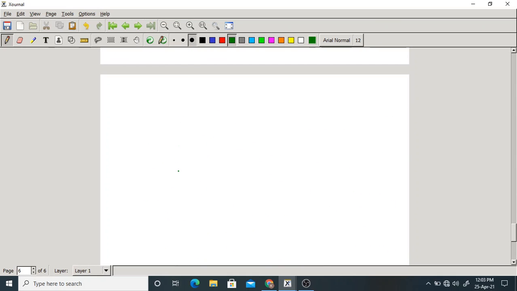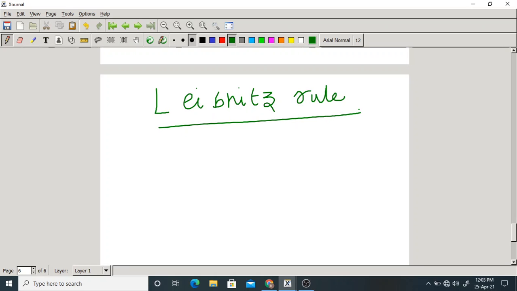Now to solve this, we are using a rule called the Leibniz rule. I'll write this rule for your understanding, and later you can use that rule.